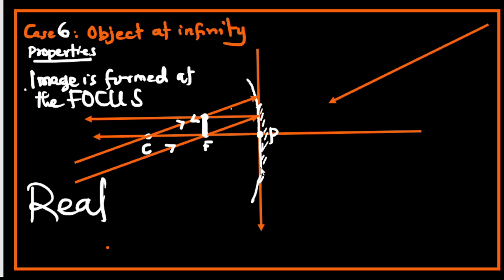Now what you may not be able to conclude is if the image is actually inverted or erect, because we don't have an idea of the orientation of the object. And again, what you may not be able to conclude here is the size of the image.